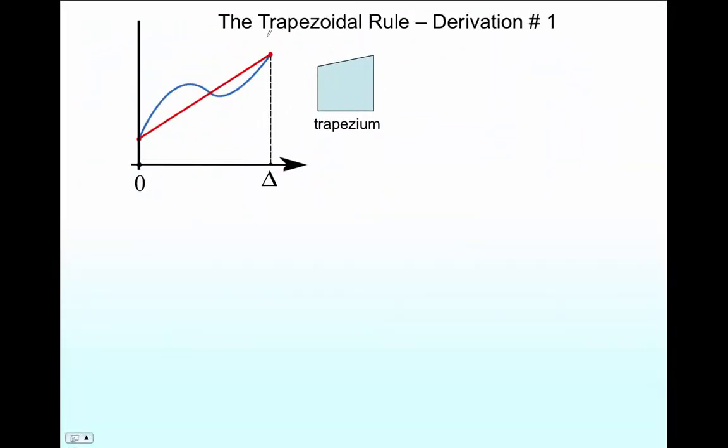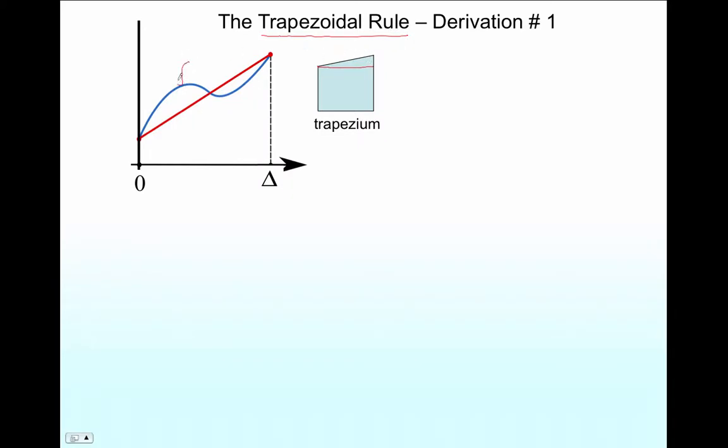The simplest way of doing numerical integration is by use of the trapezoidal rule. I'm going to derive this in two different ways. Well, trapezoidal comes from trapezium. Trapezium is the figure that you see over here. It's actually two figures. There's a rectangle with a triangle on top.